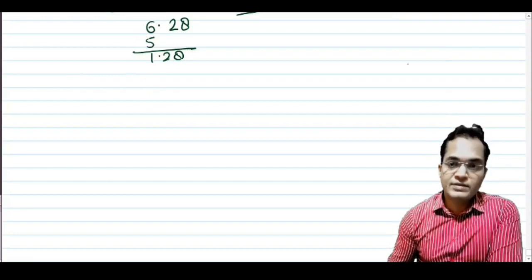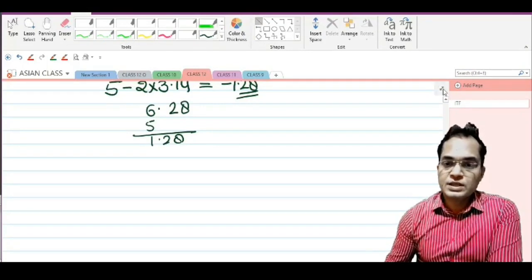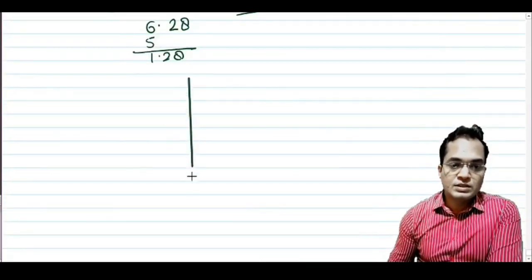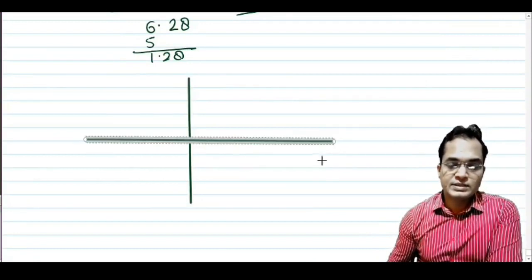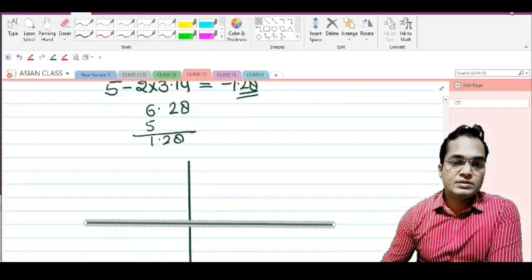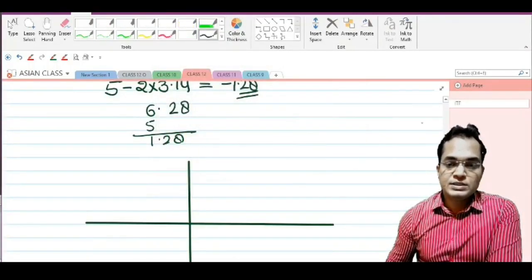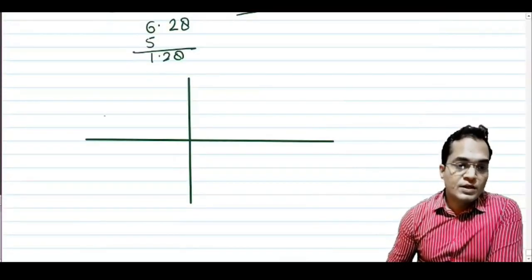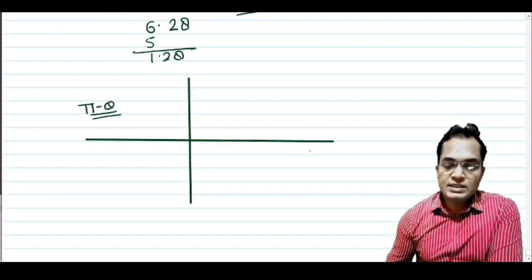If we take a line, let this be the y-axis and this the x-axis, then what happens about the angle, or the sine? First is pi minus theta, got it? And second is theta minus 2 pi.